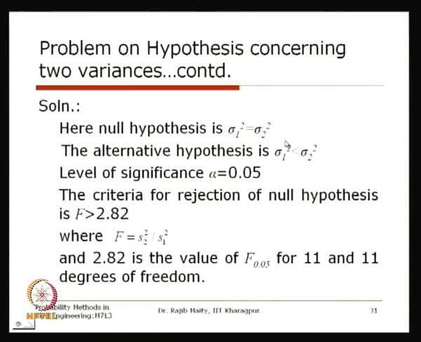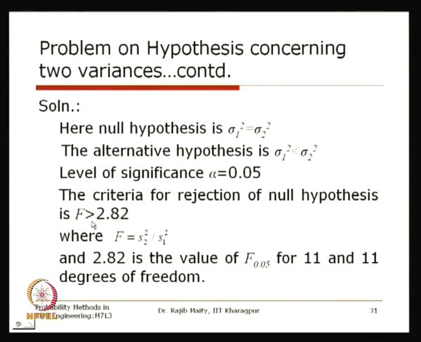Here the null hypothesis is this, and the alternative hypothesis is sigma 1 square less than sigma 2 square, level of significance 0.05. The criterion for rejection of the null hypothesis is if the statistic is greater than 2.42. So, how are we getting this one?